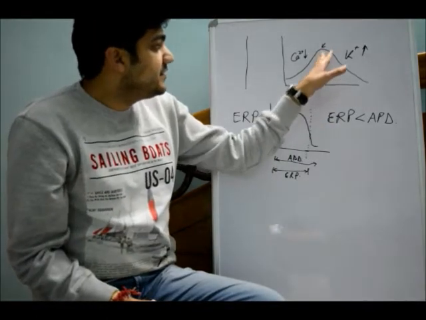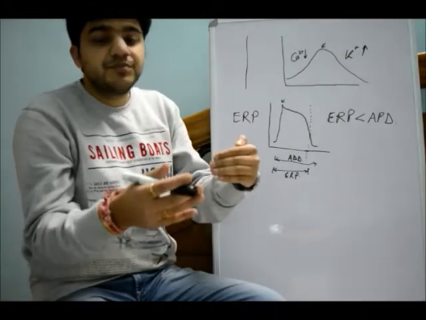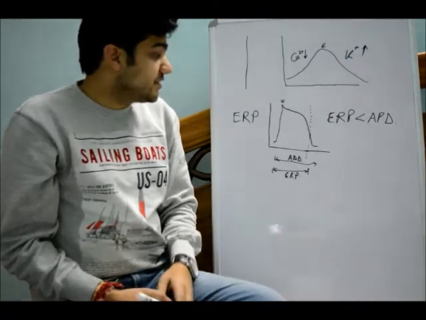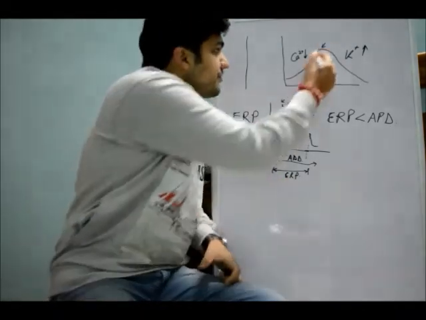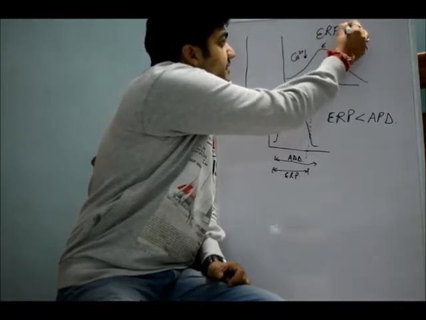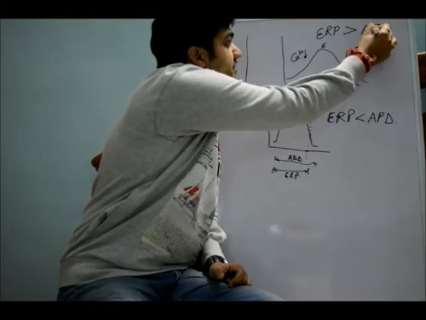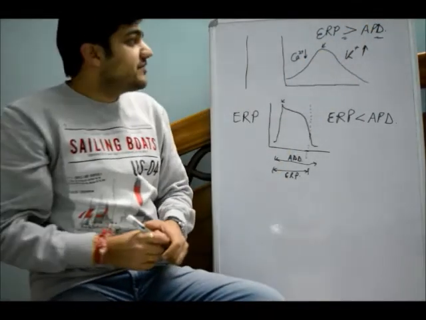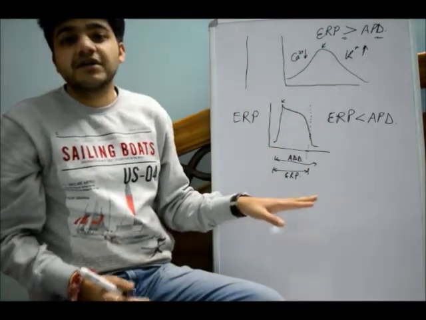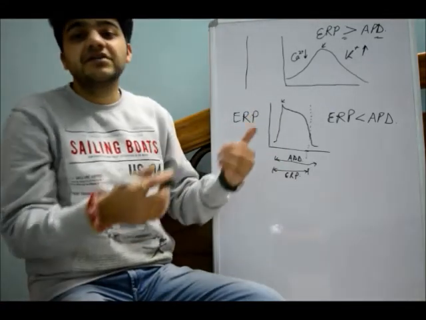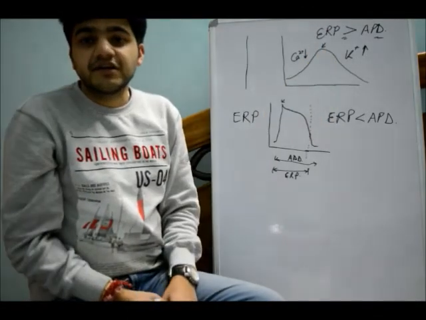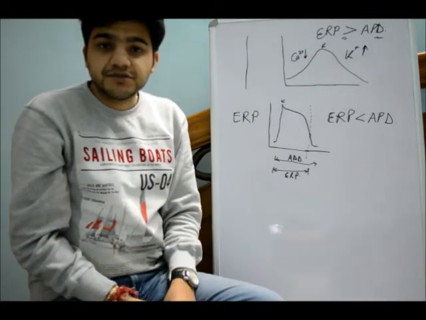So after a little time period, these will be reactivated, and then they can take up another action potential. So in most of the nodal tissues, the effective refractory period is more than the action potential duration. The reason, as I told you, is that the calcium channels are not voltage dependent for their reactivation. They need time. So after a particular time has passed, the cell can again take up a new action potential.